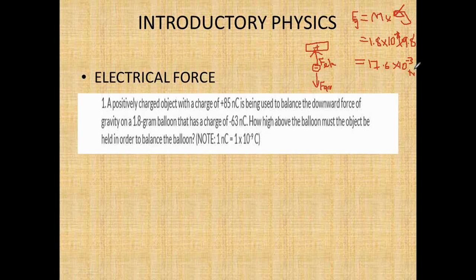So this is the force due to gravity, and it is balanced by the electrical force. So the electrical force is equal to that force. They want us to calculate distance. We know that the electrical force, the force electric, is equal to K times Q1 times Q2 divided by distance squared.